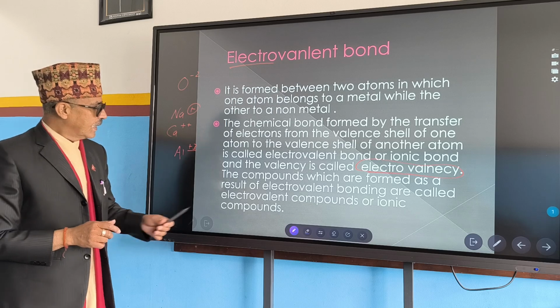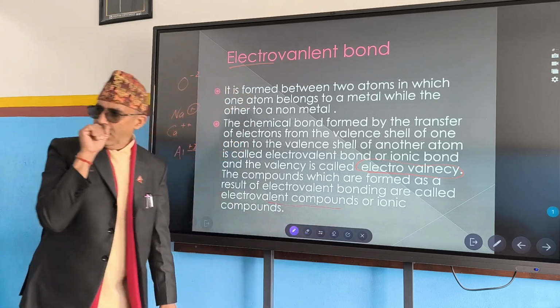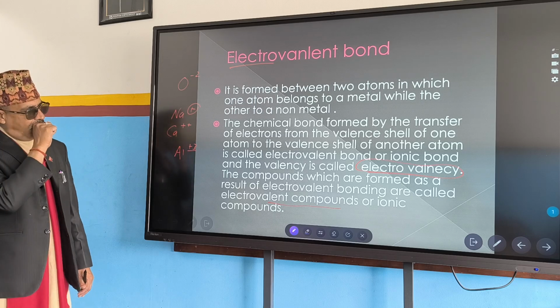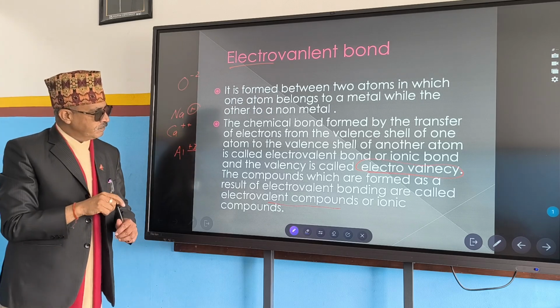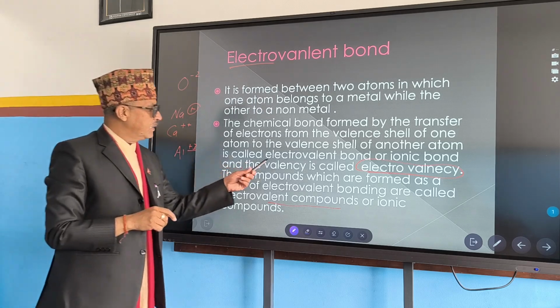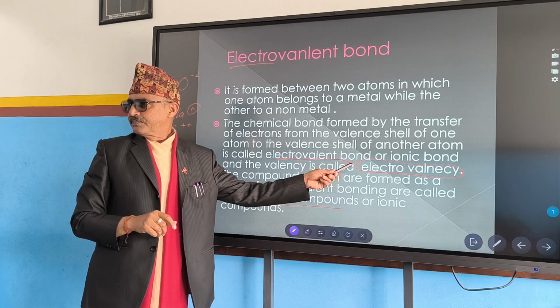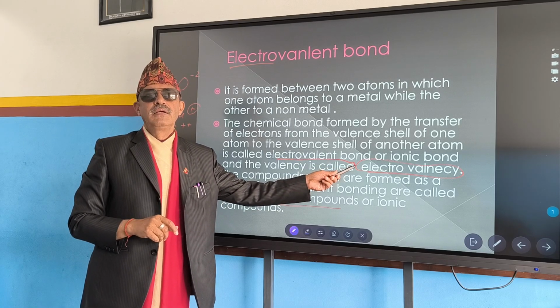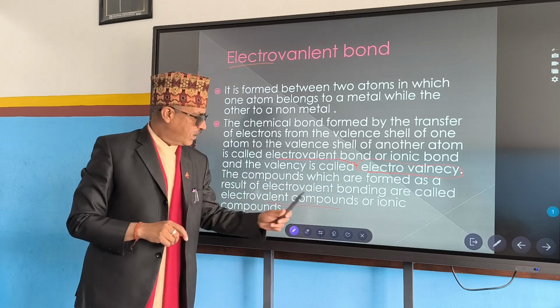Next one, electrovalent compound. What do you mean by electrovalent compound? Those compounds which are formed by electrovalent bond are called electrovalent compounds.